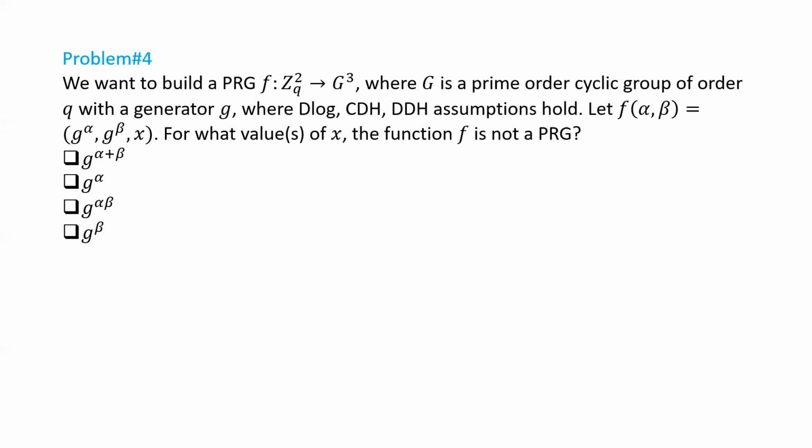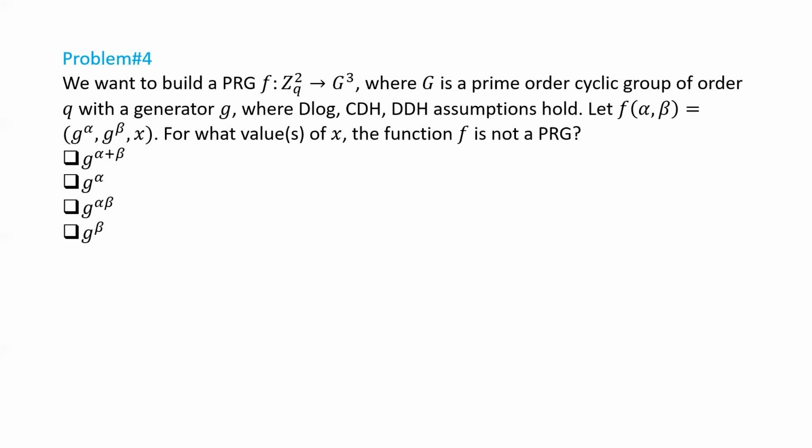If we want some function to be a PRG, that means we are providing a seed, in this case alpha, comma beta, and then we are outputting some larger length output which should be indistinguishable from any randomly generated string of the same length.